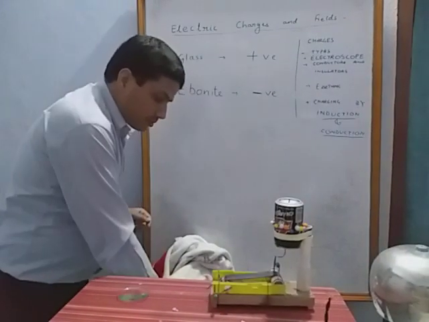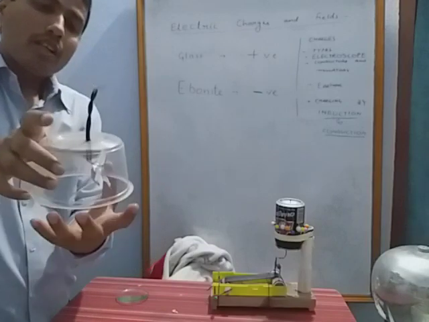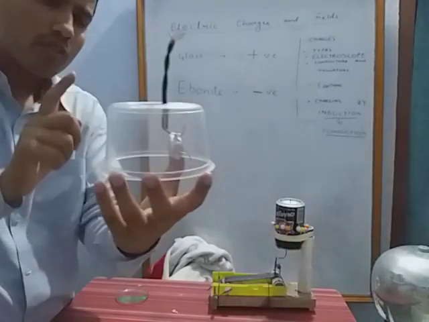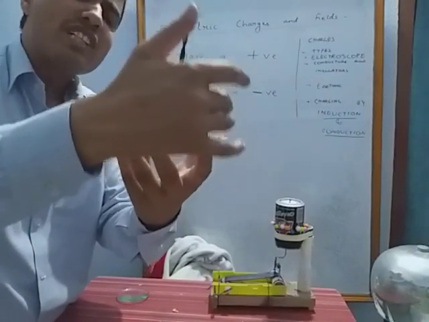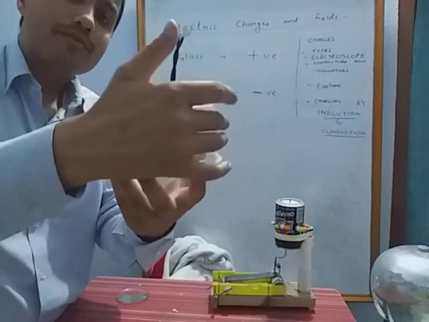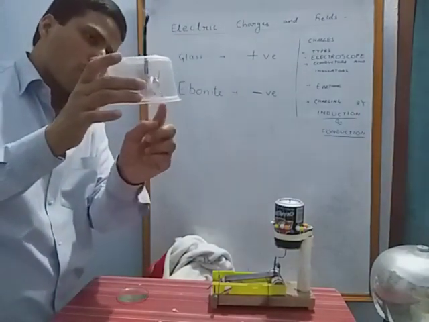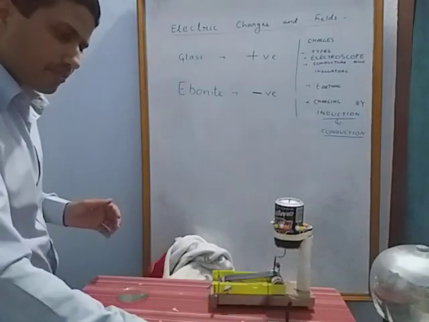By the way, let me tell you one more thing which accidentally happened here. I had put this hole quite close to the periphery. What happened just now, actually I'm telling you the reason. This aluminium foil got attracted to this plastic, which should not have been the case. It was so close that it got attracted, because this also can attract the charges.